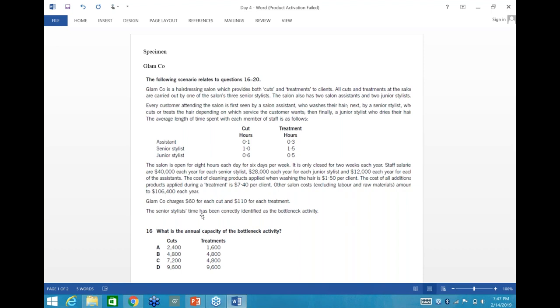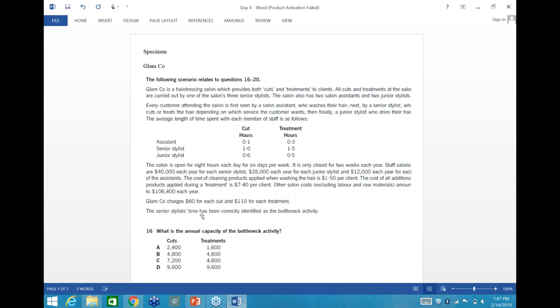Every customer attending the salon is first seen by a salon assistant who washes the hair, next by a senior stylist who cuts and treats the hair, and then, depending on the services the customer wants, finally a junior stylist who dries the hair. The average length of time spent by each member of staff is as follows.